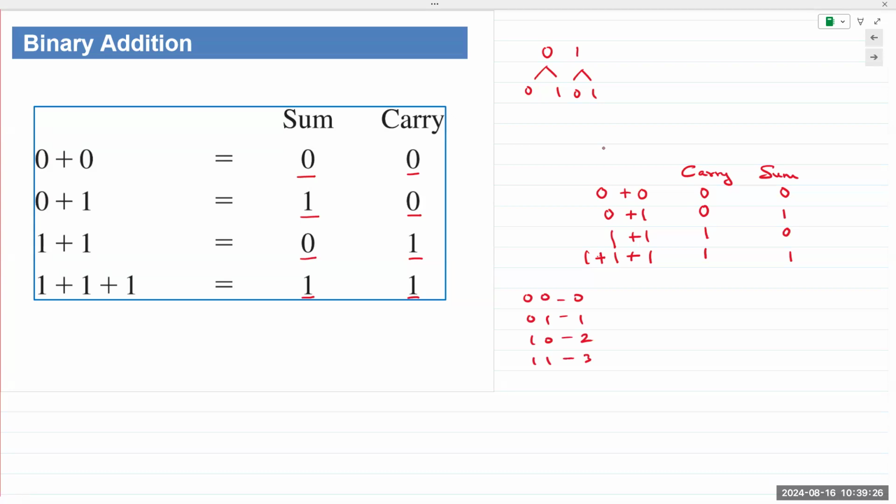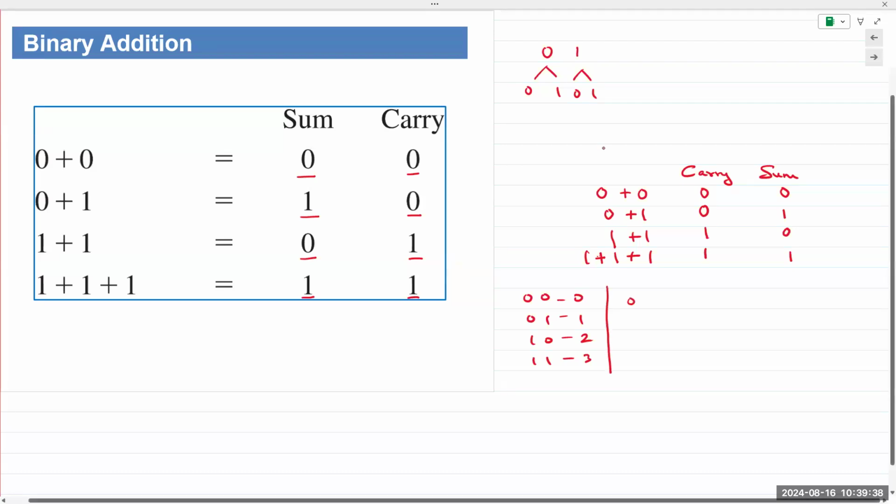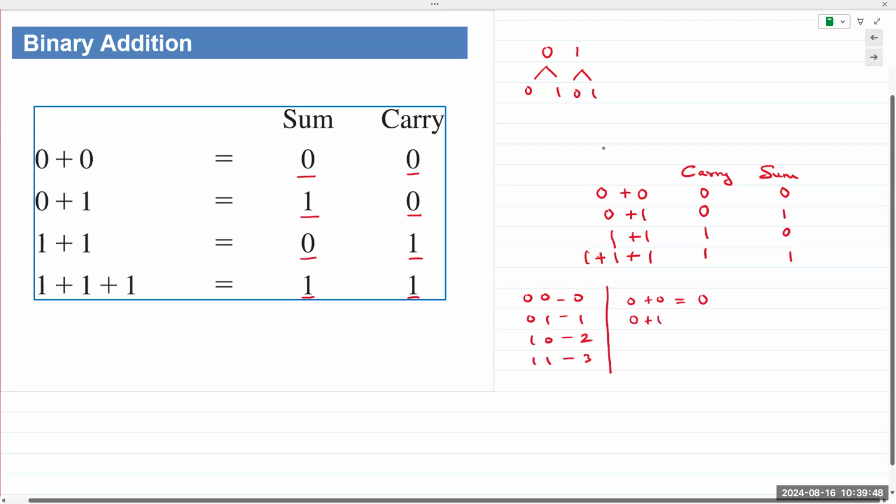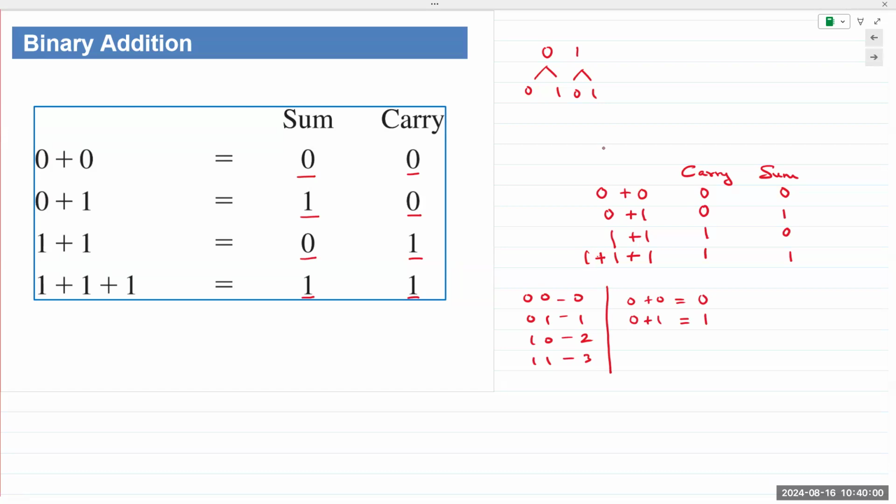So if you have 0 plus 0, carry is 0, sum is 0. Easy enough. Now I'm writing in terms of decimal. 0 plus 0 gives me 0. 0 plus 1 is decimal 1. 1 plus 1 means I'm adding, in decimal terms, 1 plus 1.